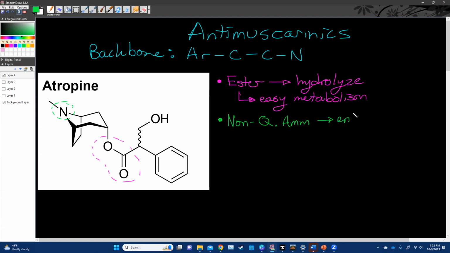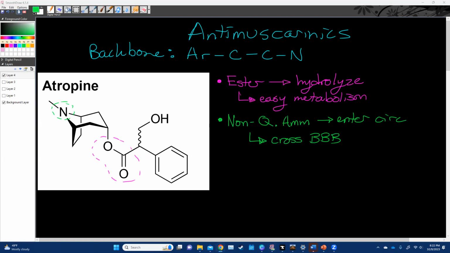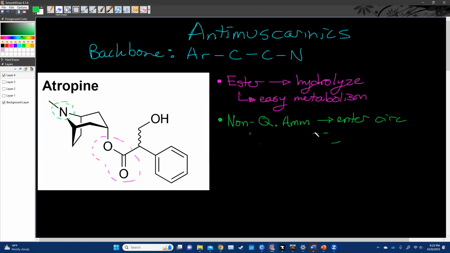So this means it can enter the circulation. Actually, I don't think atropine can cross the blood-brain barrier. I would just say that it can enter the circulation. I think that's probably the better way of putting it.